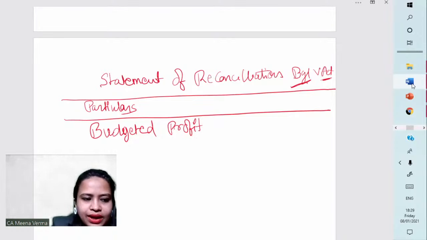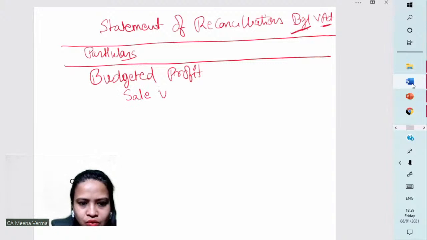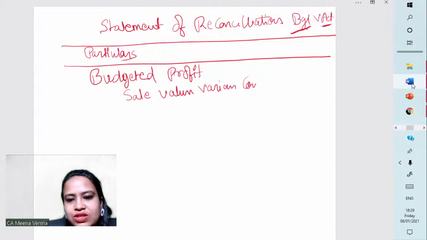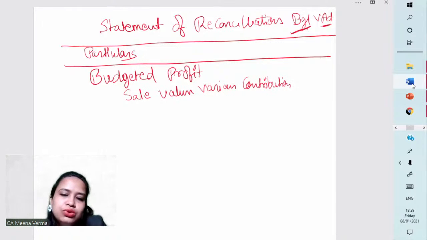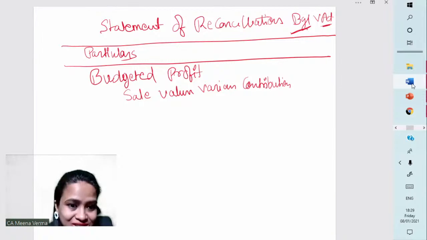And then we will consider sales volume variance, and that too we will consider as contribution. Why this contribution? Because they have asked you to prepare this reconciliation statement through the marginal costing method.